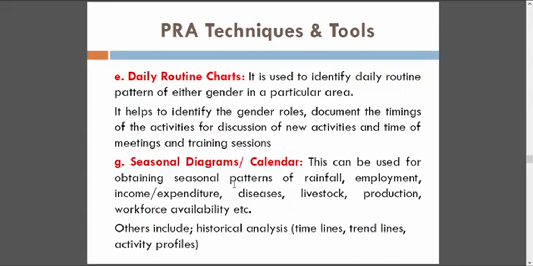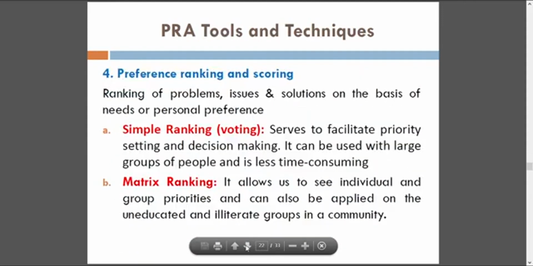Okay, then we have season diagrams and calendars. These are used to obtain season patterns. For example, when does it rain, when do we sell, when does the disease outbreak come up. So the season diagrams help us show that. We have preference ranking and scoring as the other tool, and in ranking we mainly want to see what is better than the other.